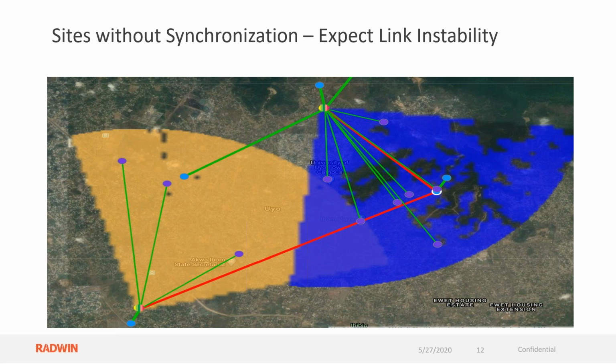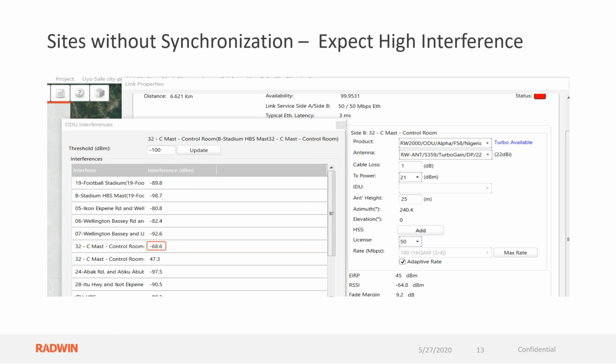Sometimes you have links that are coming and going and losing their synchronization, and the service is affected. It is because of lack of synchronization. Without synchronization, we expect high interference.